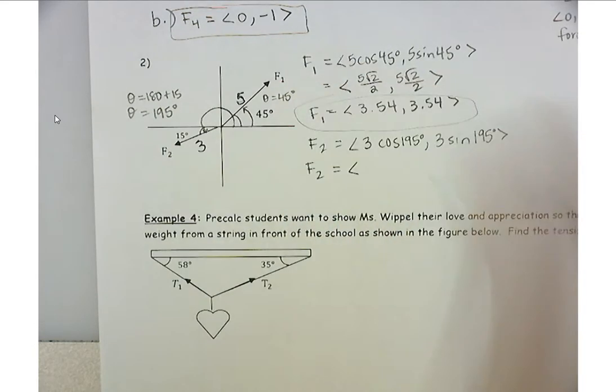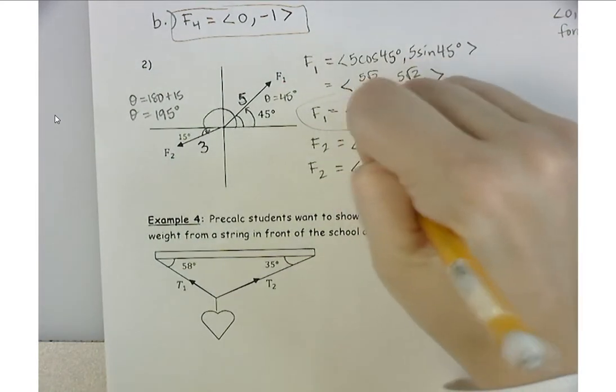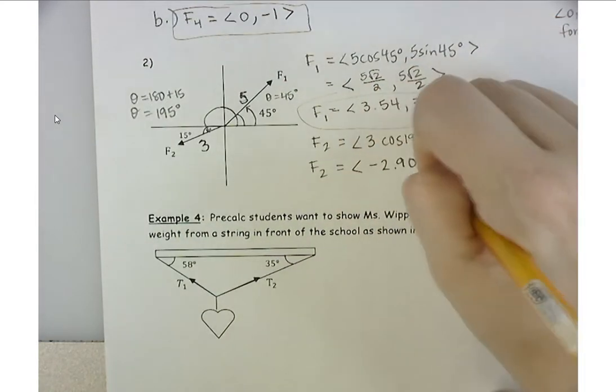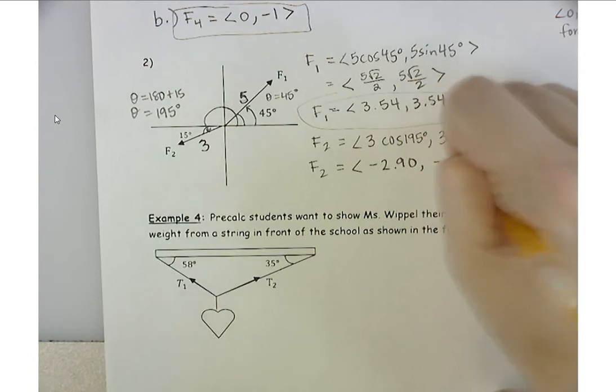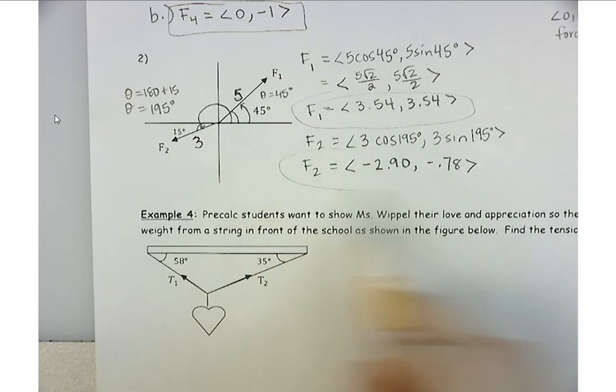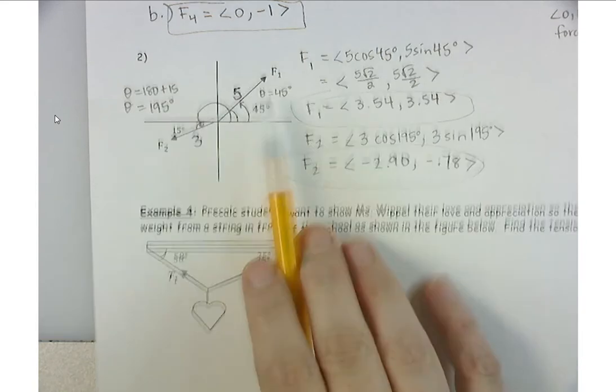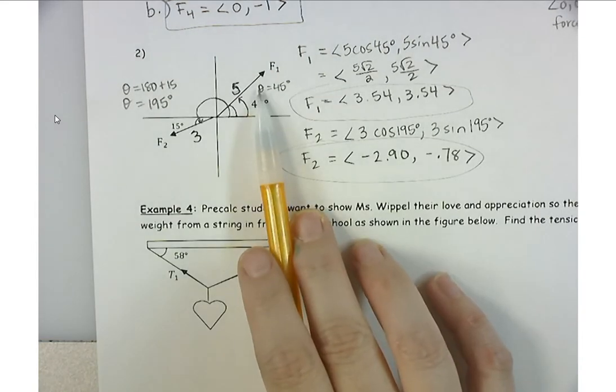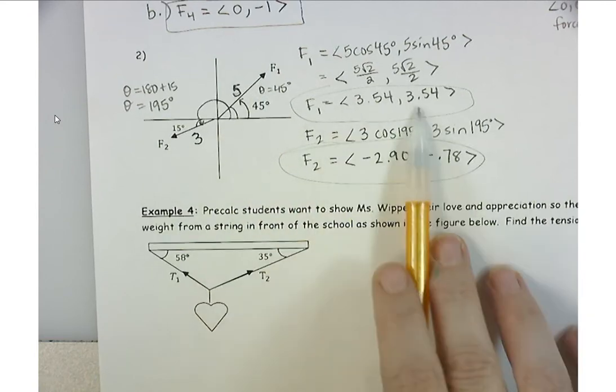Okay, so 3 times the cosine of 195, you should get negative 2.90, and then negative 0.78. Now let's make sure that these make sense according to their positions. So your first force is in quadrant 1, so this is positive and positive.